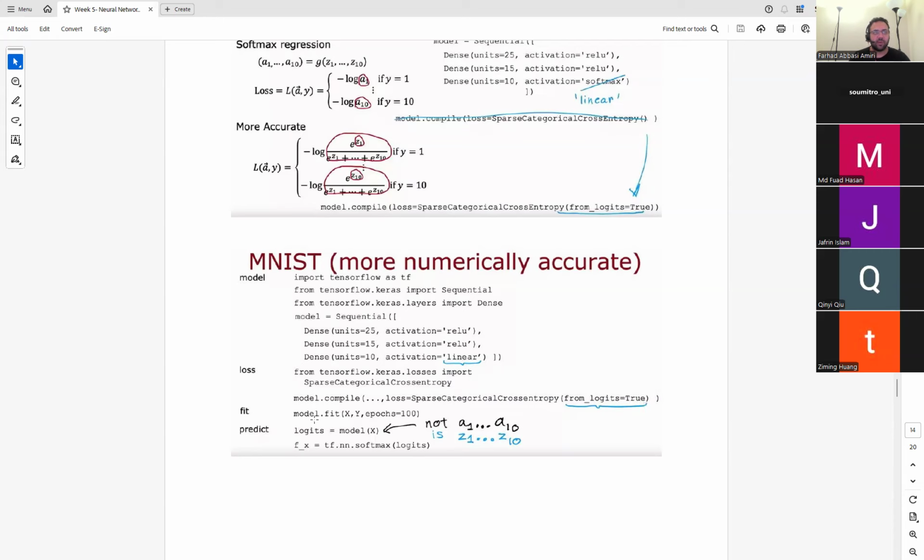And then fit our model on the training set with 100 iterations, the time that it takes for gradient descent to optimize the model parameters. And then for the prediction step, the logits is equal to model of X.